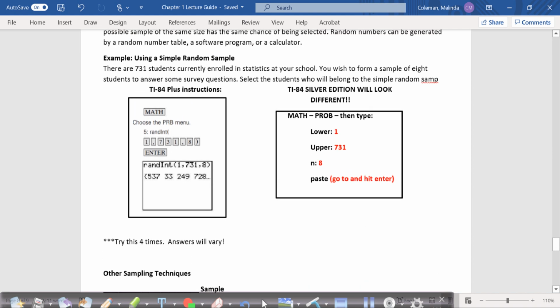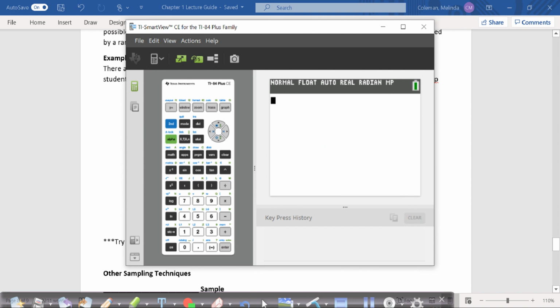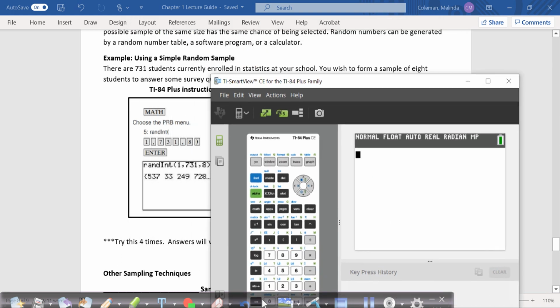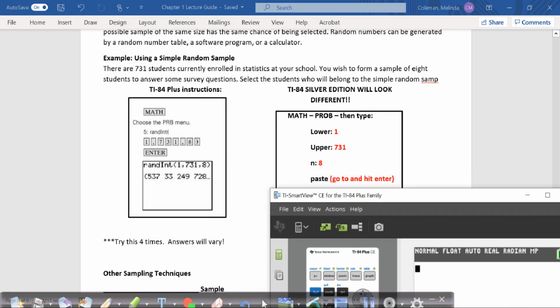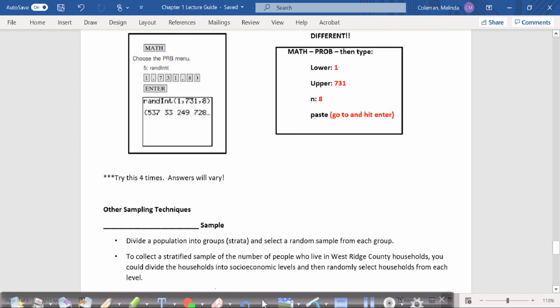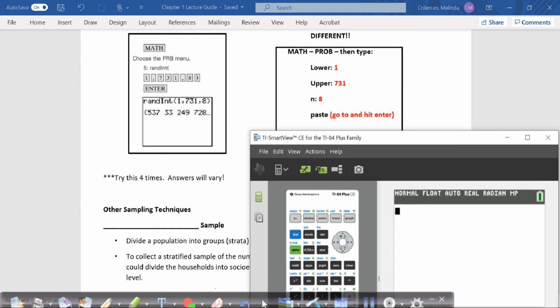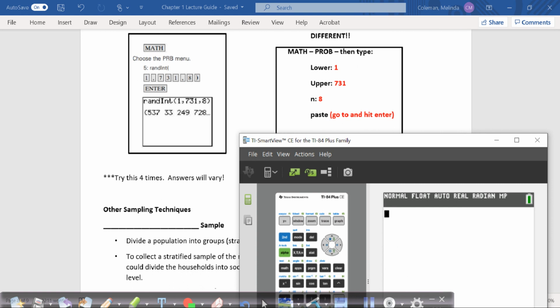So to help us with that, we do have the TI-84 calculator. And so if you open the calculator, the directions here will tell you how to do your calculator. There are two, so it depends on which version of the 84 calculator you have as to exactly what this looks like. So it's not unusual.